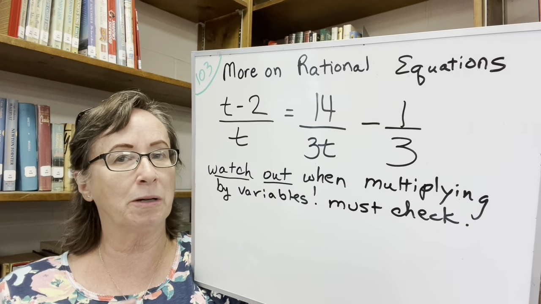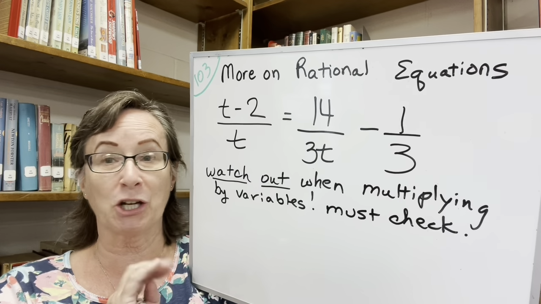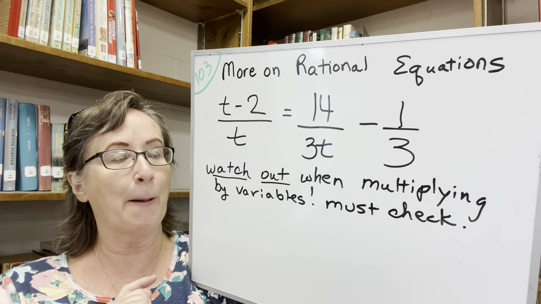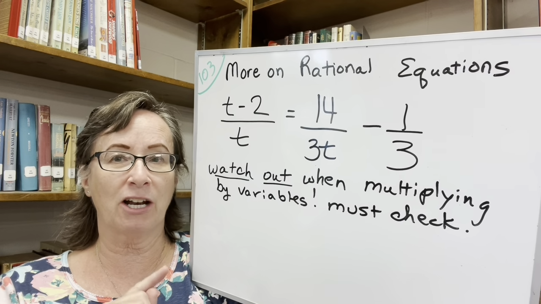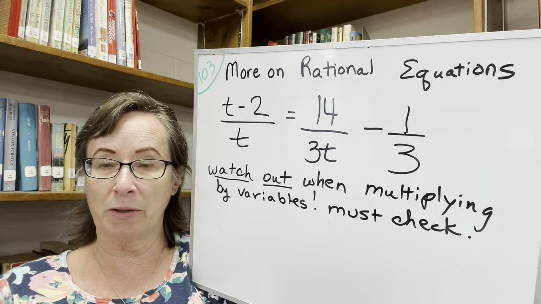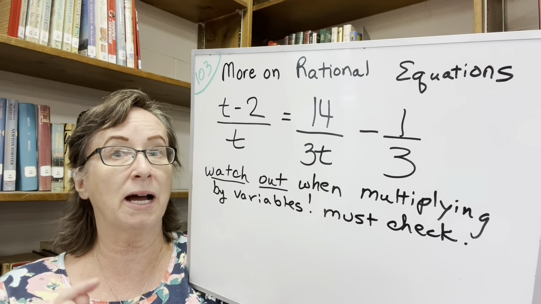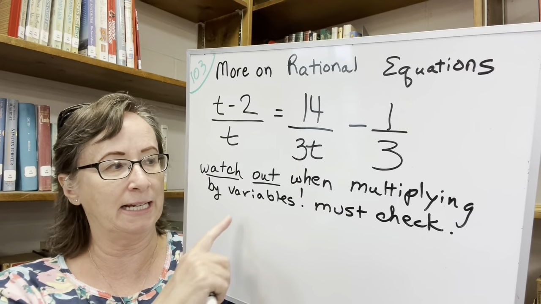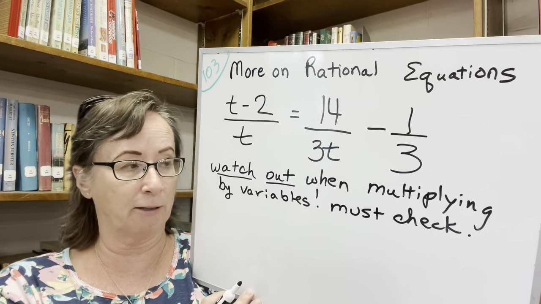But when we multiply by a variable, everything can come out all right and it can look like we have an answer. But we don't know that that original variable that we multiplied by was not 0.